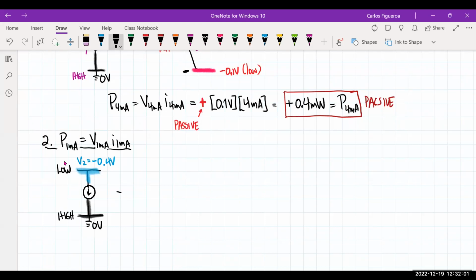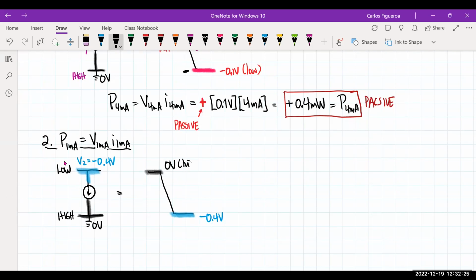So when I look at this, I'm going to reinterpret this as an incline. If I look at this as an incline, the blue is the low here, which of course is at minus 0.4 volts. The high is the ground, which is of course 0 volts.